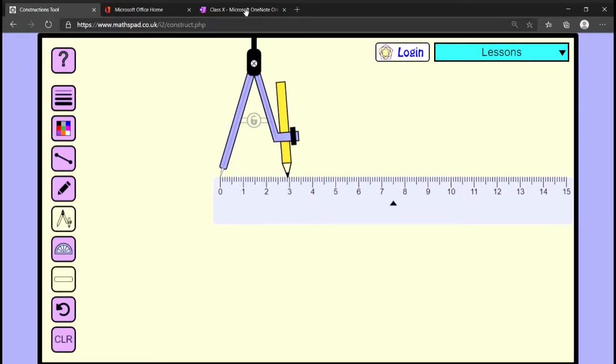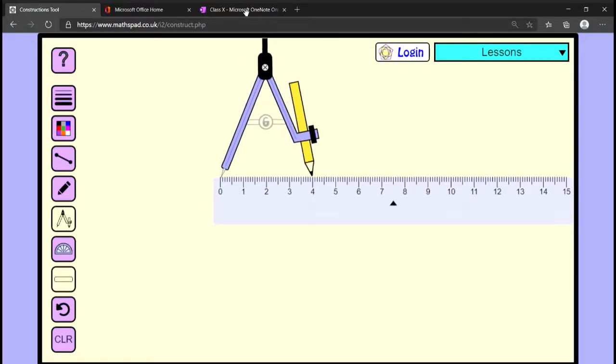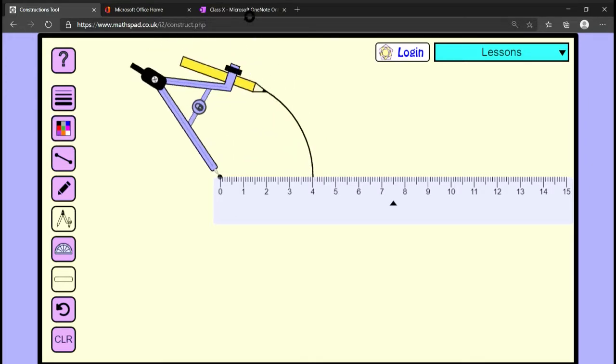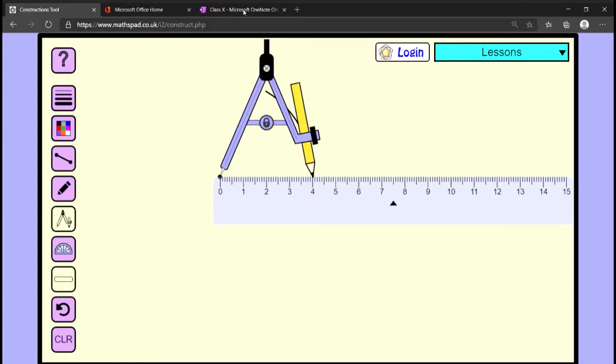Starting by taking a compass, let's fix the radius 4 centimeters, and draw a circle. Let's just change the thickness.